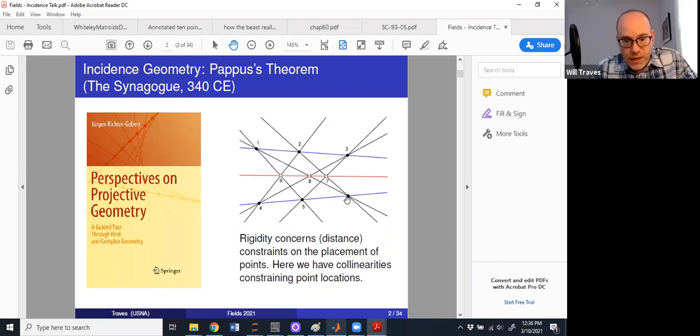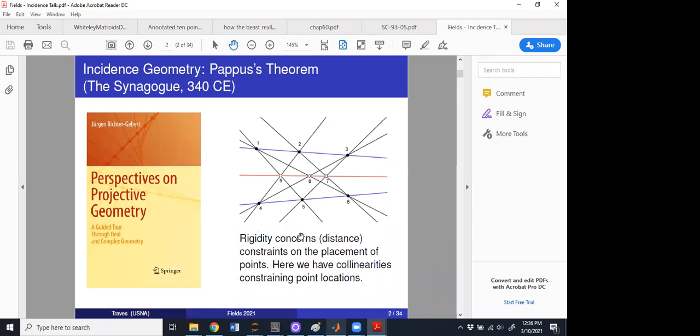Obviously with 2 and 7, you can't put 6 wherever you want. It has to be on this line. But then when you try to impose this last constraint, there's no flexibility for where 7 is. It has to be here. It can't be in some other spots. And so this red line doesn't actually impose an independent constraint. It's dependent on the rest, right?